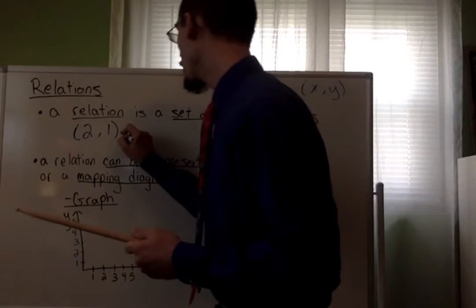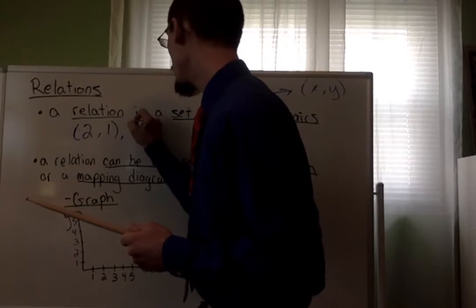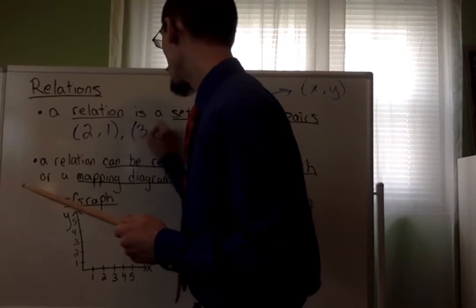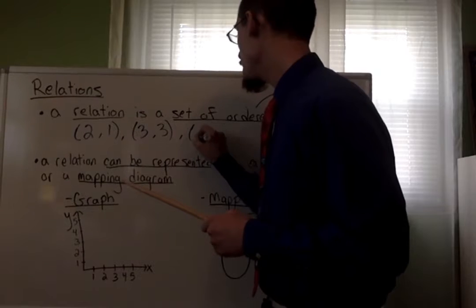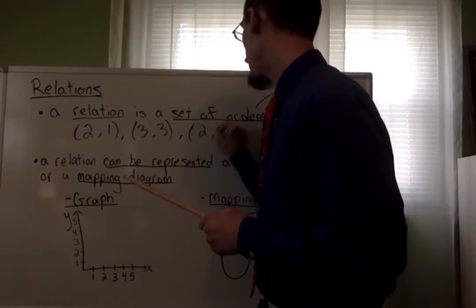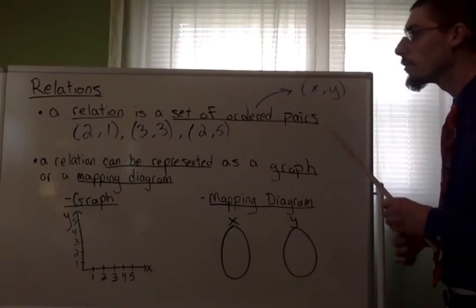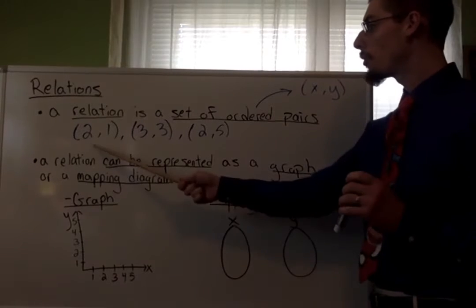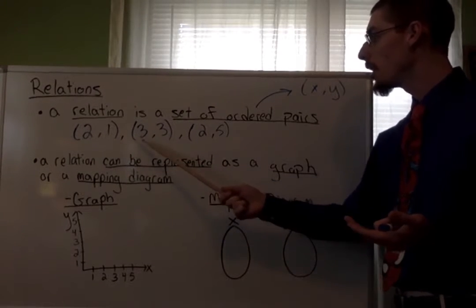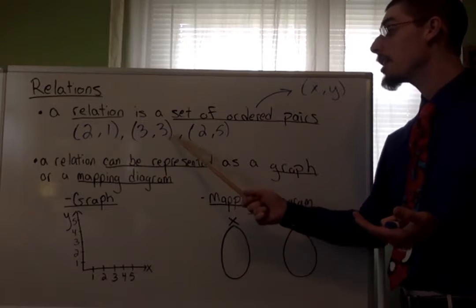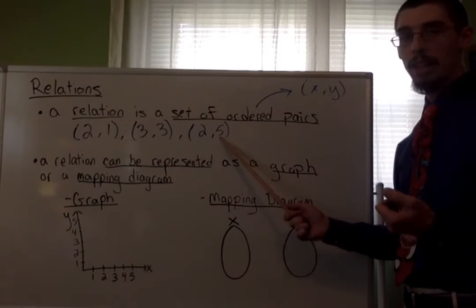And we could have more in here, right? We could have (2, 1), and we could have (3, 3), and maybe (2, 5). So 3 ordered pairs, right? 2 is related to 1, 3 is related to 3, 2 is also related to 5.